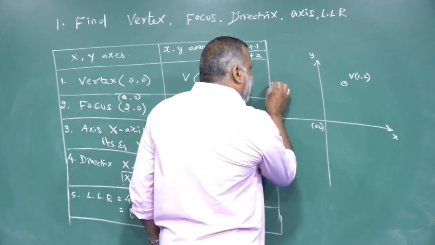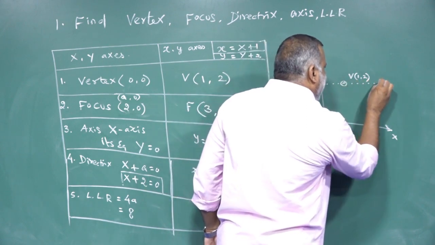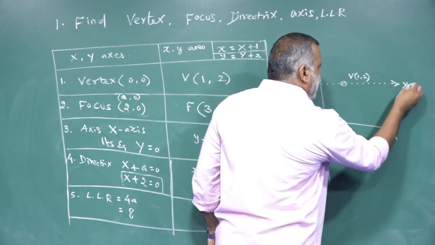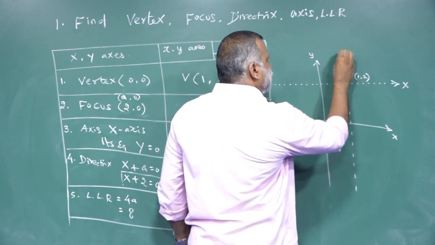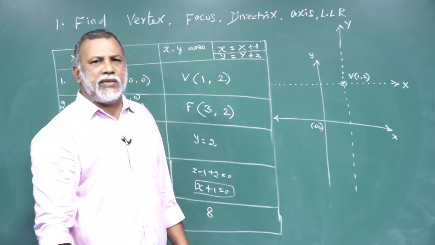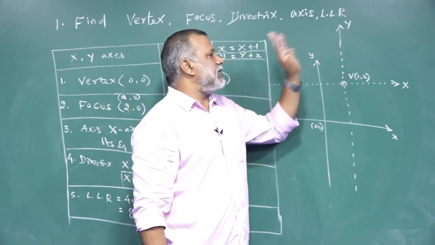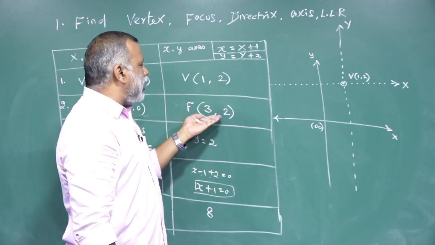So we have to draw parallel to small x and parallel to small y. Draw the new axes, capital X and capital Y. Now see, the focus is 3, 2. Where can we plot this 3, 2?